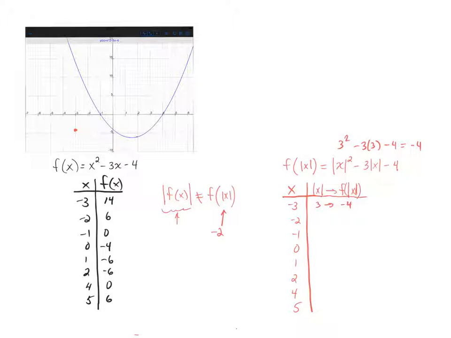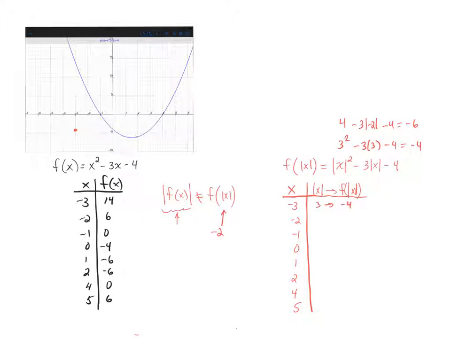Now let's plug in -2. -2, the first thing that happens is it's going to get absolute valued and then squared, so it's going to become 4. Then we're going to do 3 times the absolute value of -2, and then subtract 4. So that's going to be 4 minus 6, which is -2, minus 4, which is -6.